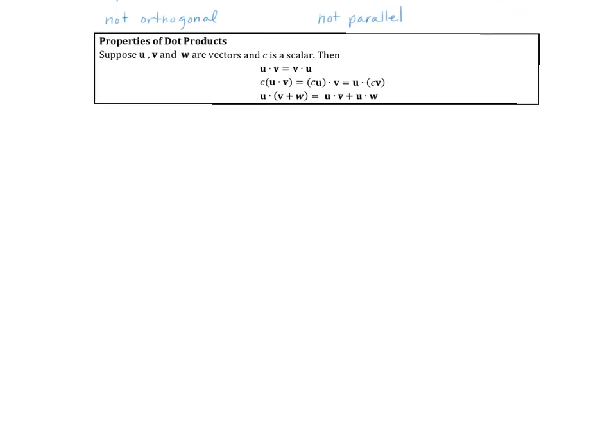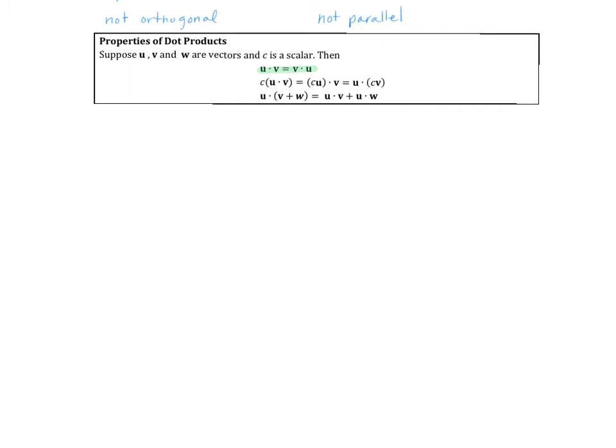In this box, we're just going to look at some of the properties of dot products. So the order does not matter. You can do u dot v or v dot u, and you end up with the same number because remember, we're multiplying and adding, and those properties are all commutative.